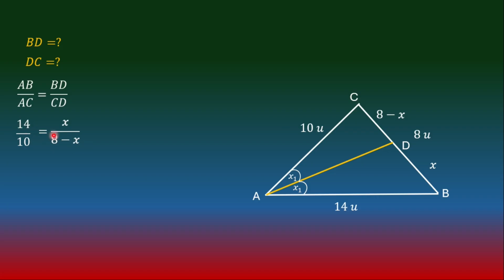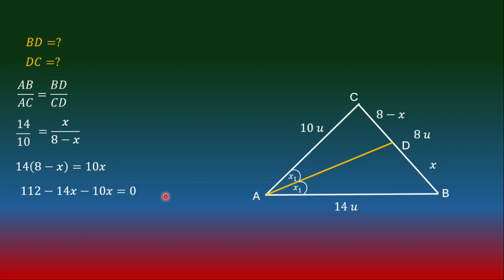I first cleared the fractions by taking this denominator to the left and this to the right to construct this equation. So if I remove the brackets, this is 112 and this will become minus 14x. And then I take the 10x to the left, it becomes negative, so I'm left with 0 on the right. And minus 14 minus 10 is minus 24x.